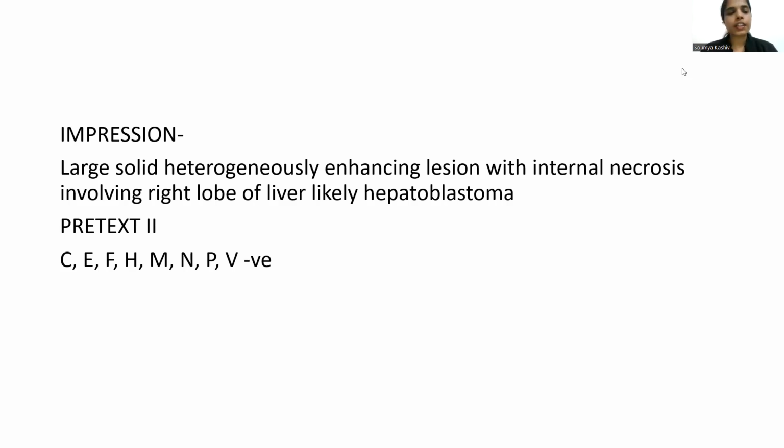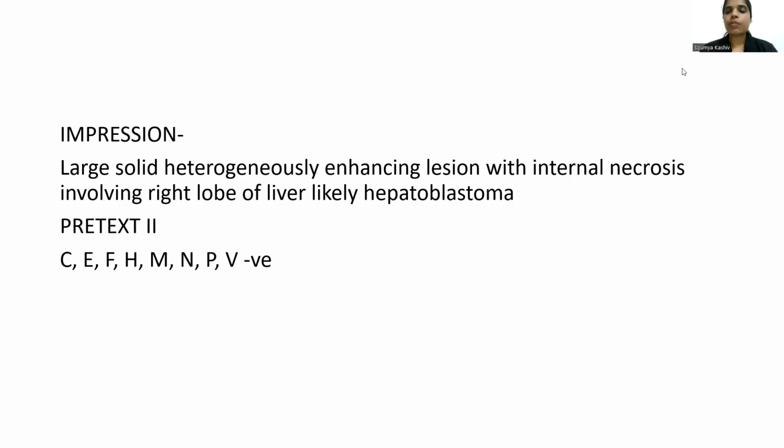The COG says that if it is PRETEXT 1 and PRETEXT 2 with AFP more than 100, and the histology is good, it advocates upfront surgery. SIOPEL tells us to give pre-op chemotherapy, neoadjuvant chemotherapy, and then go ahead with surgery.